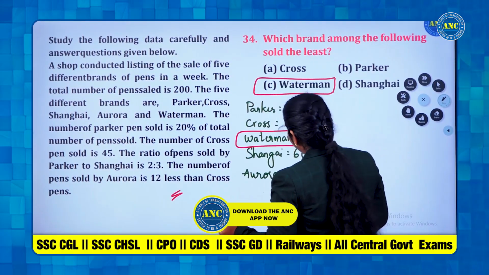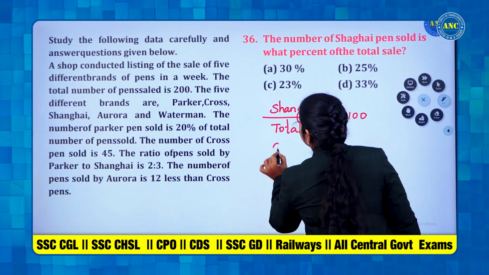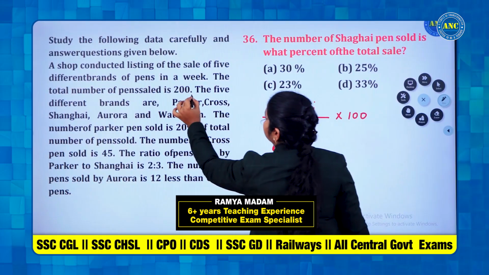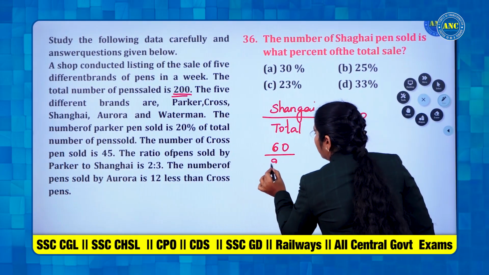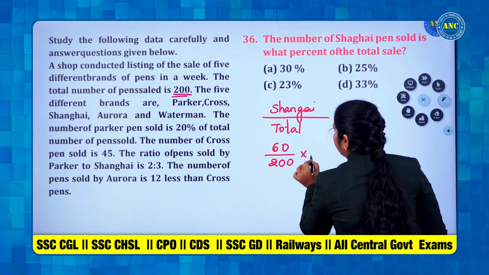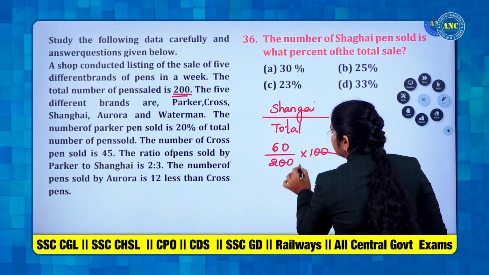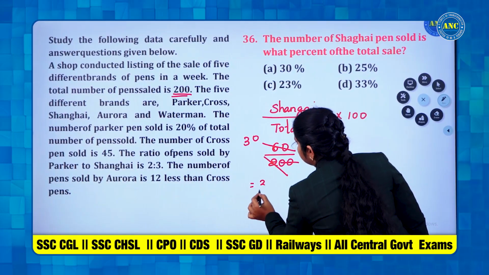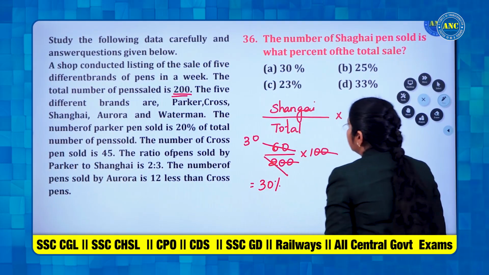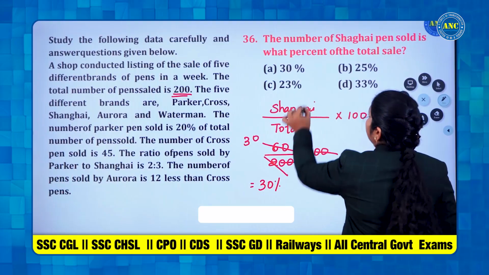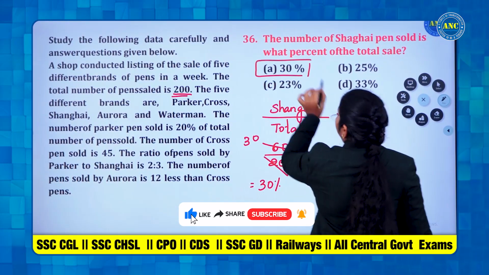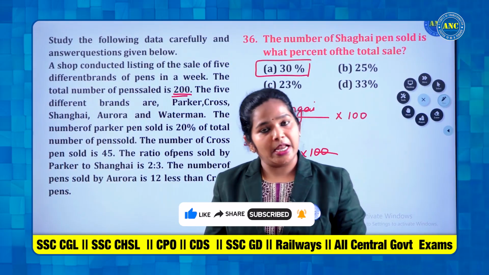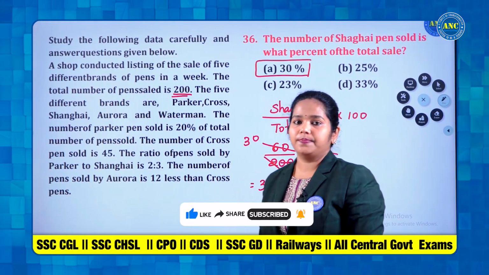We already got Shanghai pens, that's 60, right? 60 by total pens sale is how much? 200. 60 by 200 into 100. Yes, 2 ones, 2 threes. So, it is 30%. Where is the answer? Option A, 30% is the correct answer. Right?